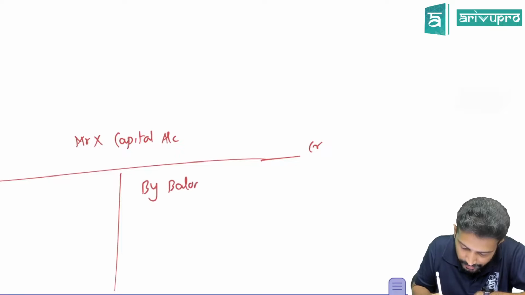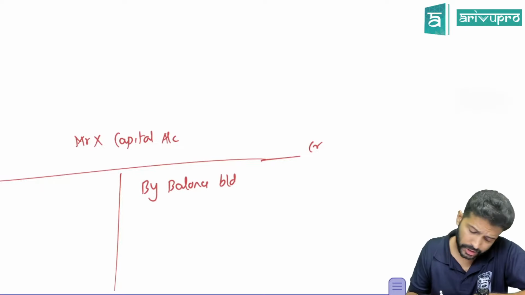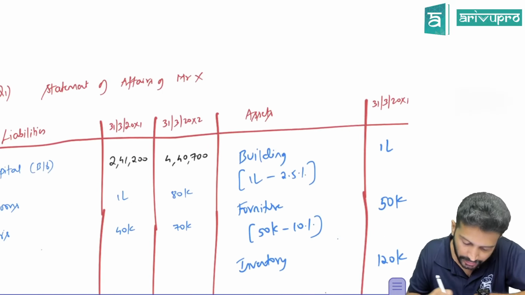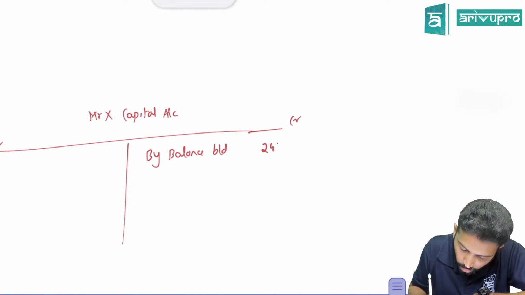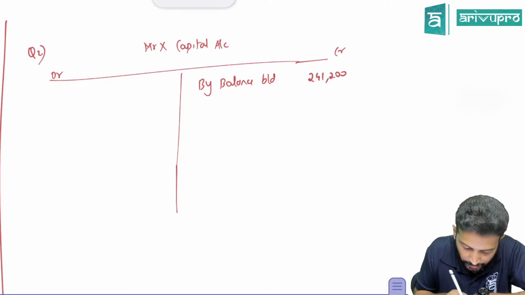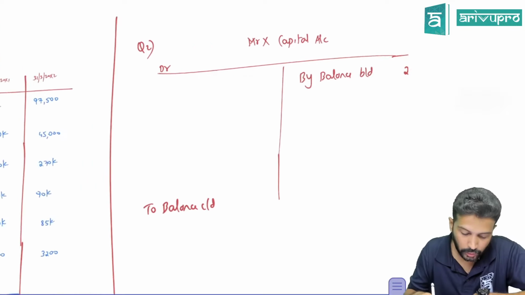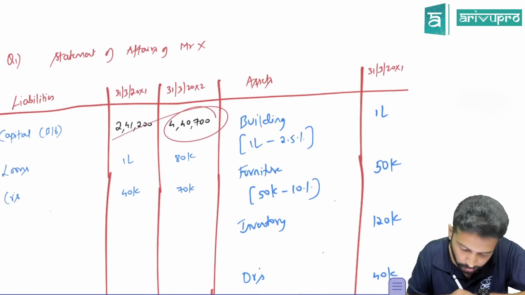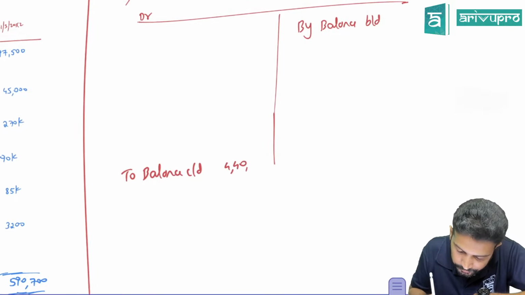So you'll write by balance brought down, that we got from the statement of affairs. Opening capital is 2,41,200. Similarly, do you know the closing capital? That you will write as to balance carried down, and that value is 4,40,700.